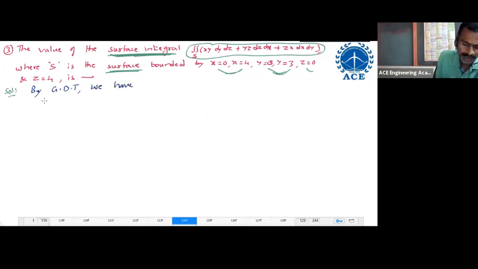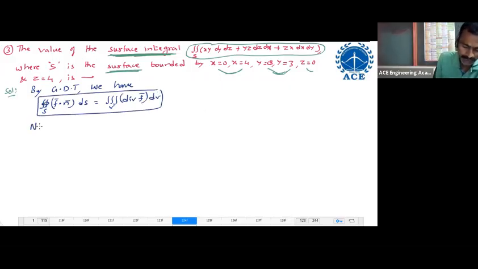We have double integral over S f bar dot n bar ds equal to double integral over V div f bar dv. Now we convert our given surface integral, double integral over S f bar dot n bar ds.